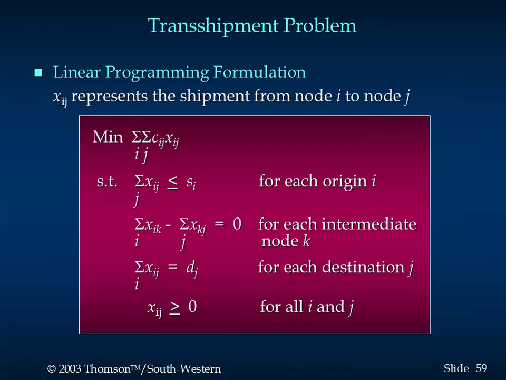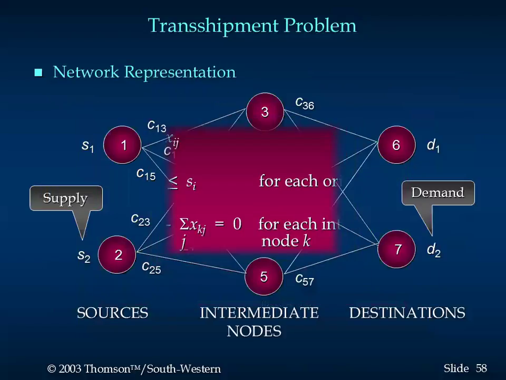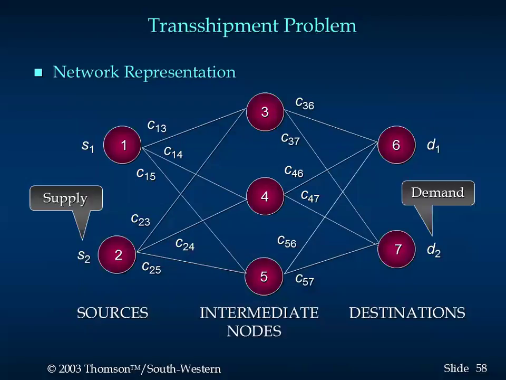And we have a new set of constraints, which is very straightforward. Think about it. What are these intermediate points? It's just a through point. So whatever comes into the intermediate point should go out. The sum of units entering should be equal to the sum of units exiting. For example, for point 5 here, x15 plus x25 should equal x56 plus x57.